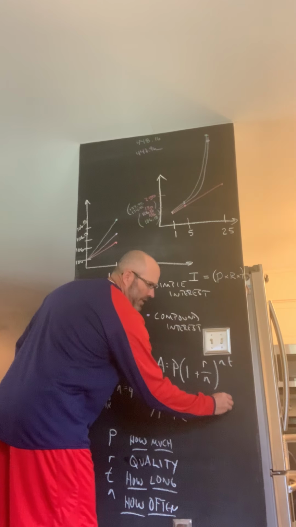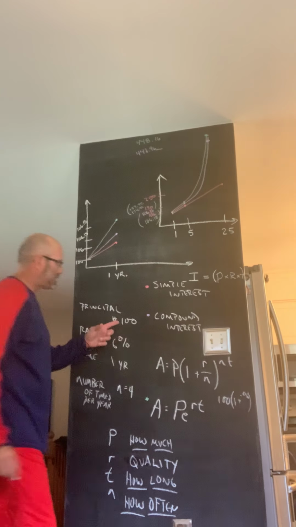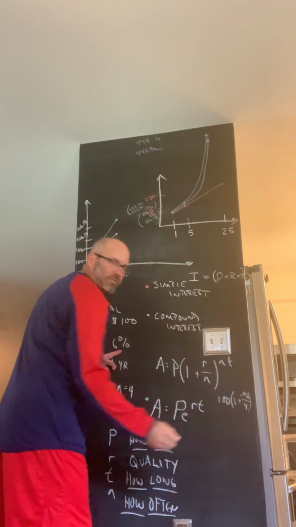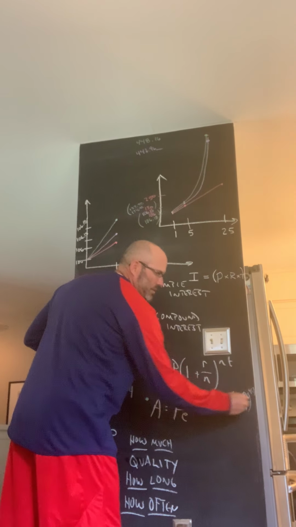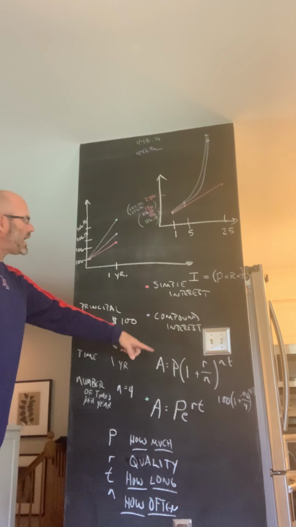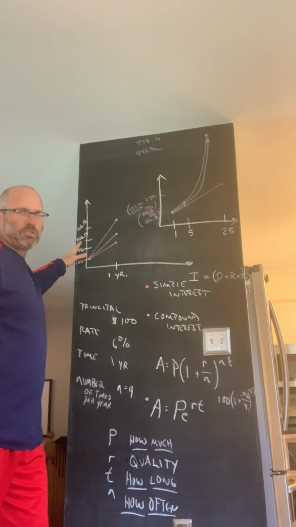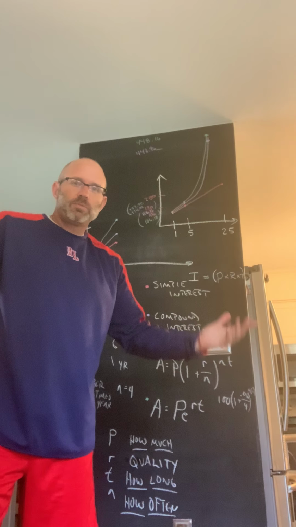It would be 100 times (1 plus 0.06, 6% and 0.06 are the same thing, divided by 4), and then we raise it to the 4 times 1 power. And if we did that for a year, compound interest would give us 106.13. So a 13-cent increase. Well, that's boring.